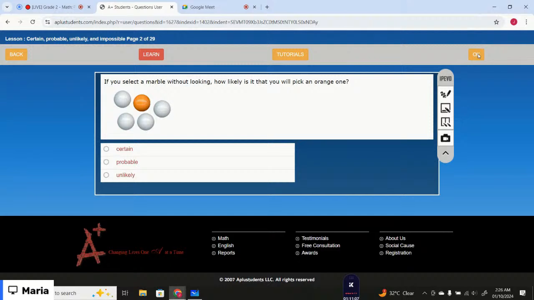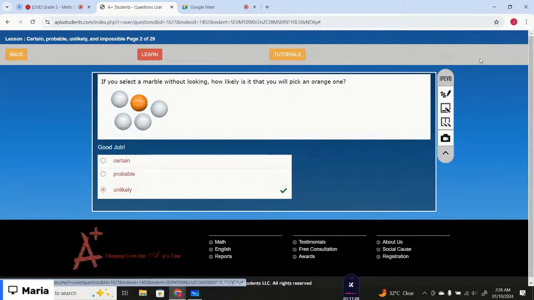So which is the correct option? The question is, if you select a marble without looking, how likely is that you will pick an orange one? So you have only one orange and four white. So it is unlikely. Very little chance you will pick an orange. Got it? So when you have less chance, that is unlikely. Very good.